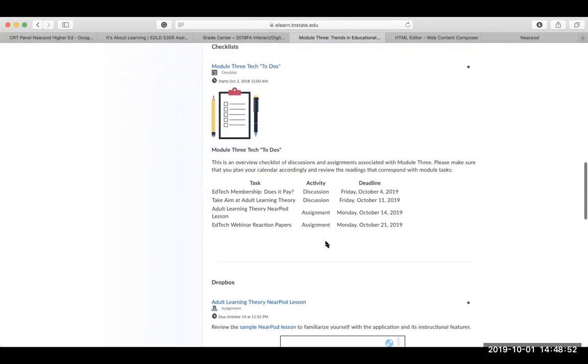Our checklist for Module 3 encompasses basically a 3-week time frame. You have 2 discussions for Module 3. The first one is coming up on Friday, and it's looking at EdTech membership. Does it pay? The second one is next Friday, which is taking aim at adult learning theory.